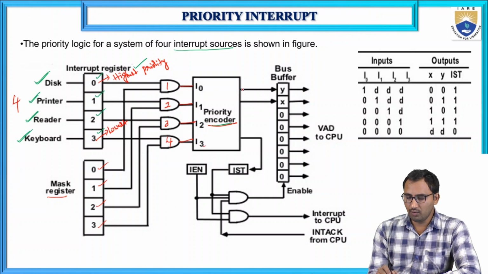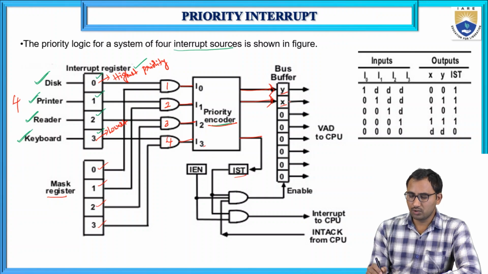Okay, and we have 3 outputs: X, Y, and one more output, IST, the interrupt status.